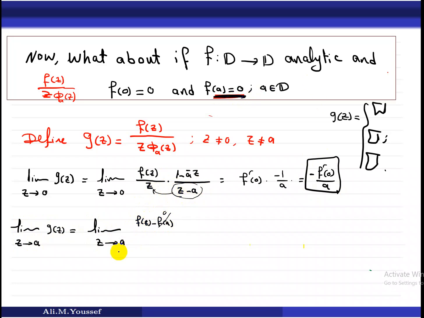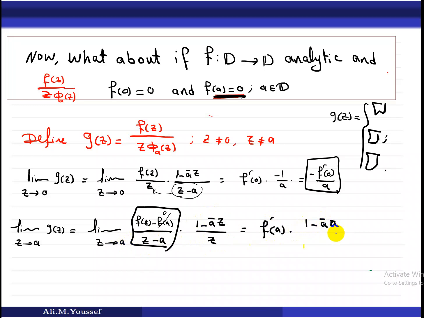From here, f of z minus f of a over z minus a, times 1 minus a bar z over z. What's the limit of this one? It's equal to f prime of a times, if we substitute with a, 1 over a. This means 1 minus the modulus of a squared over a, times f prime of a.